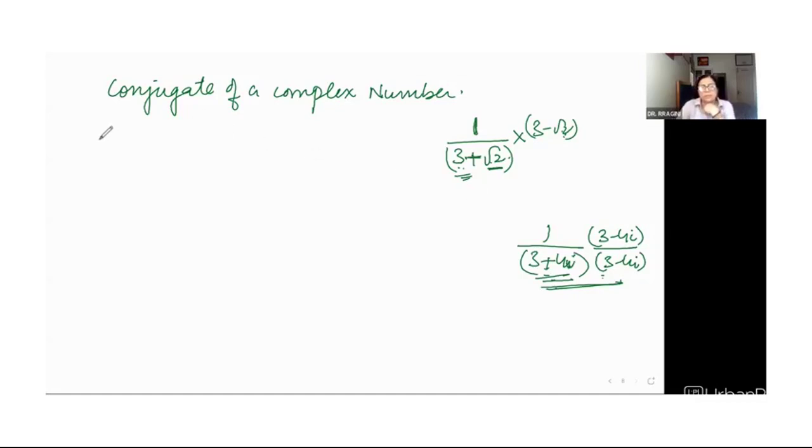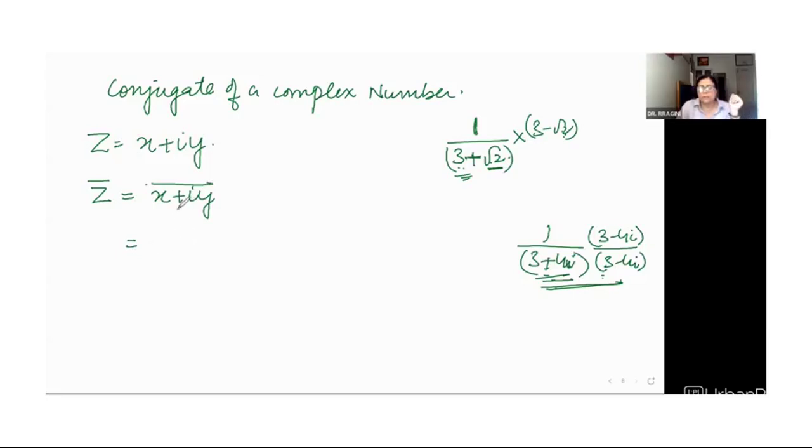Let me now first tell you, if z is represented by x plus iy, then the conjugate of z is z bar, which is the bar over x plus iy, right? This bar is basically the symbol of conjugate.